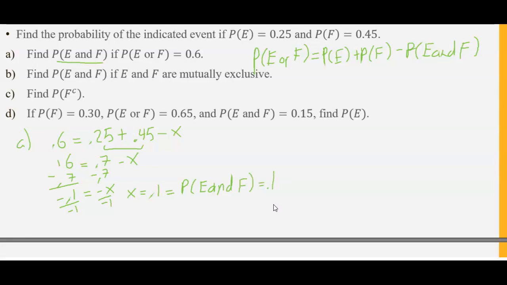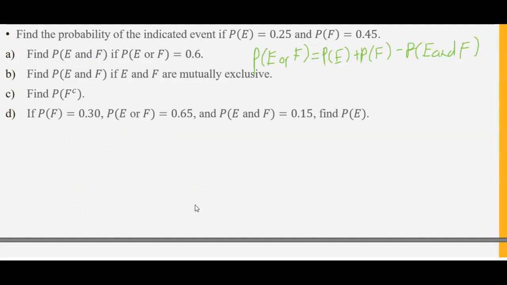Okay, so we're going to do this again. We got B. B is using the definitions of some things. Find the probability of E and F if E and F are mutually exclusive. So this one is a definition type of question.